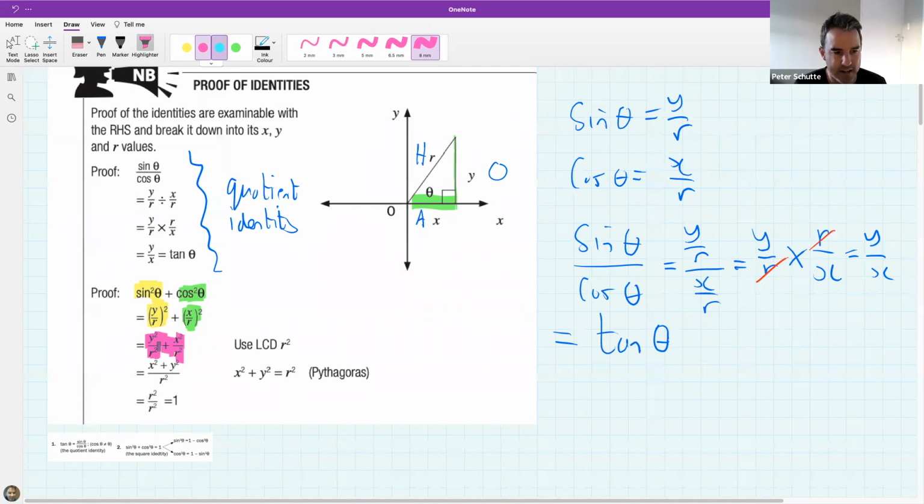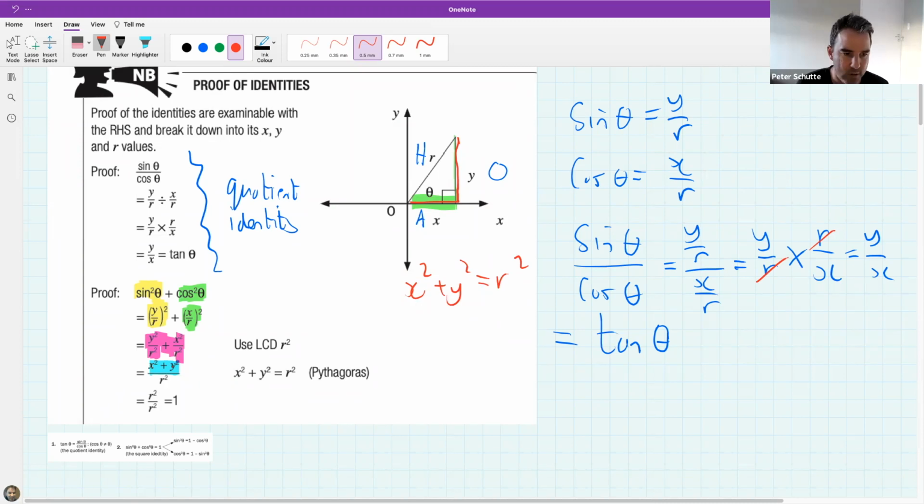Then if the denominators are the same, we get x squared plus y squared over r squared. And then the clever bit at the end is just to realize that from this right angle triangle, x squared plus y squared is r squared. So when I've got x squared plus y squared, I can rewrite it as just r squared. And there was already an r squared on the bottom, which means that that must be 1.